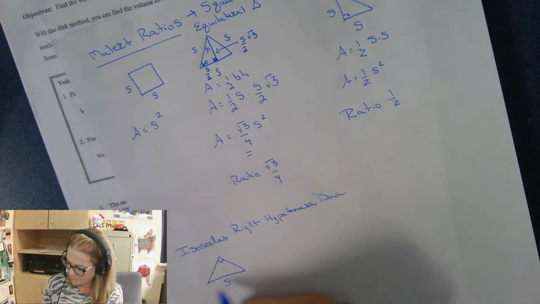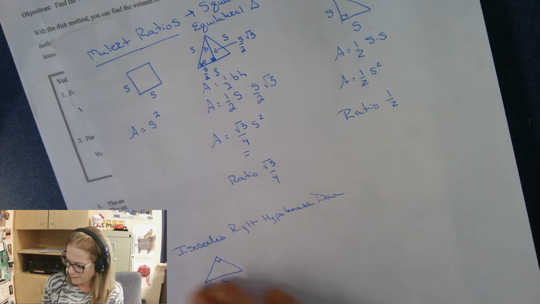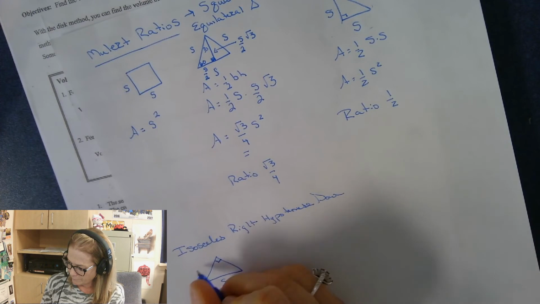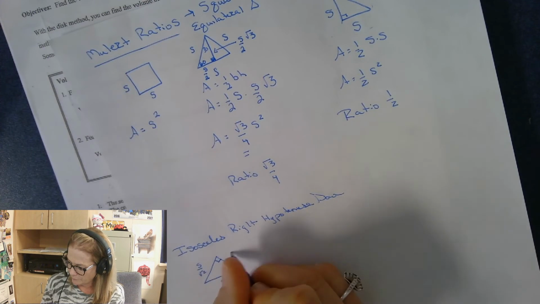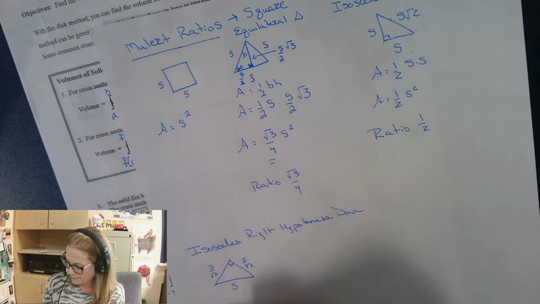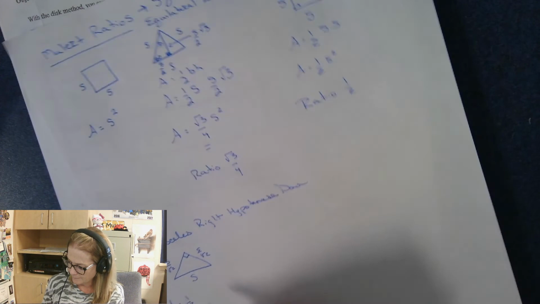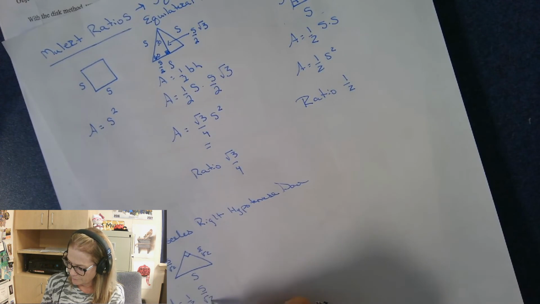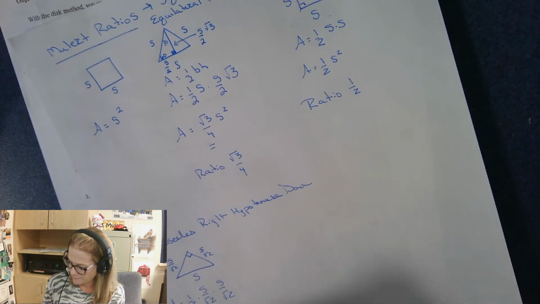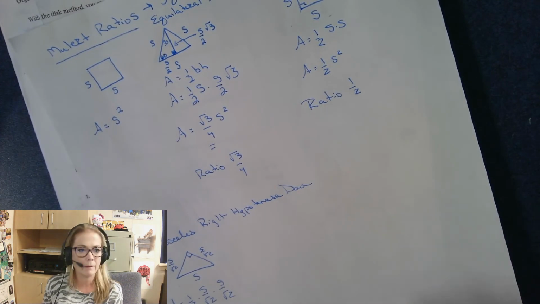Again, this is going to be top curve, bottom curve, whatever. But this is 45, 45. This would be over root 2, and so 1/2 s over root 2 times s over root 2. This, in comparison to a square, is 1/4 s squared. So that ratio is 1/4.